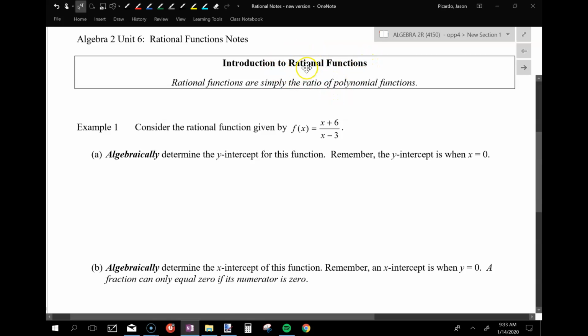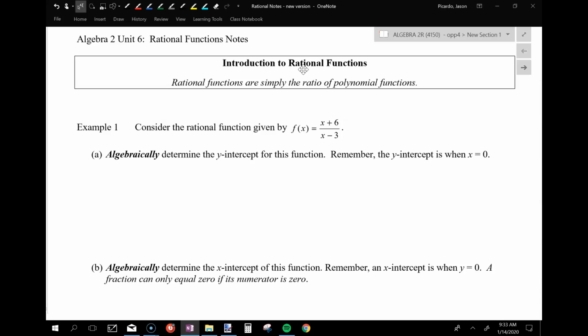The word rational, how can you define something as being rational? Something that can be expressed as a fraction, right? So when I talk about rational numbers, if I asked you, is 5 rational? Blake would say, yes, it is, Mr. Picardo, because 5 is equal to 5 over 1. If I said, is 0.33333333333, etc., rational, you would say, well, yeah, it's a repeating decimal.